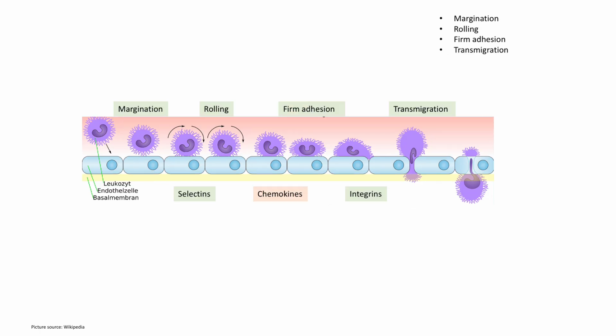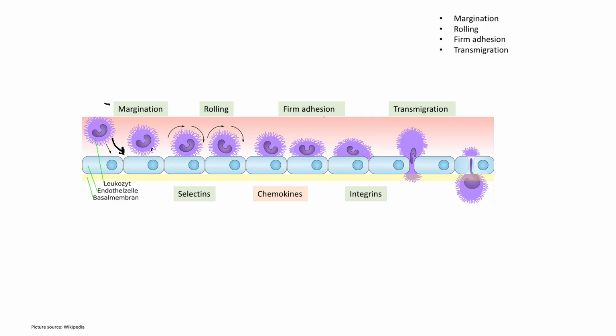Now let's discuss this process in more detail. Increased vascular permeability during the vascular phase results in relative stasis in blood vessels, and this brings neutrophils close to the endothelial cell surface. This process is called margination. In this position, neutrophils can interact with adhesion molecules present on the endothelial cell surface.